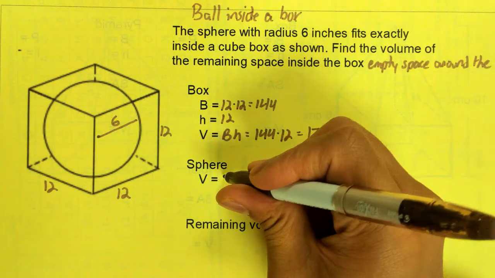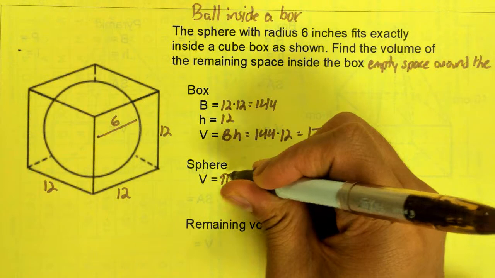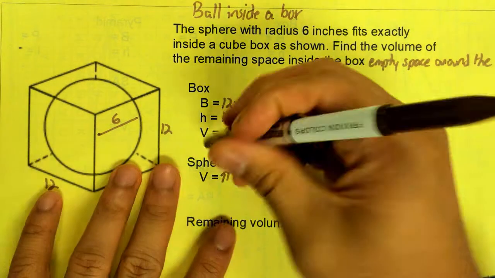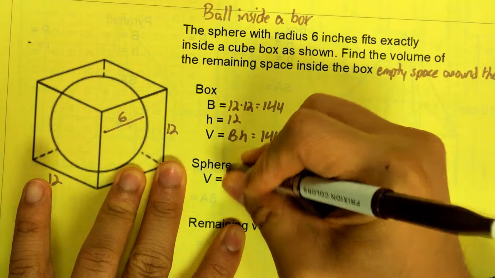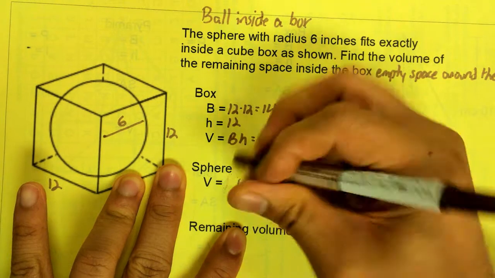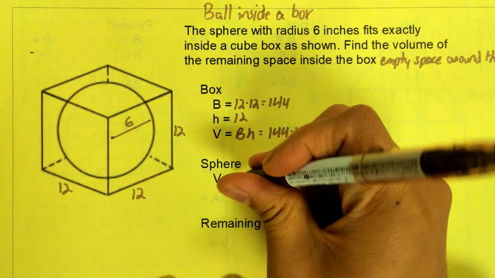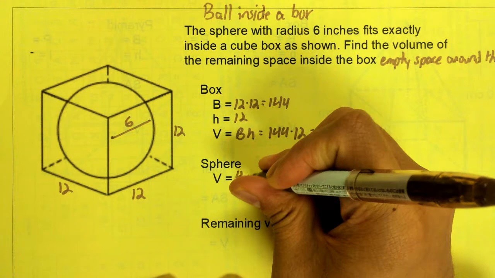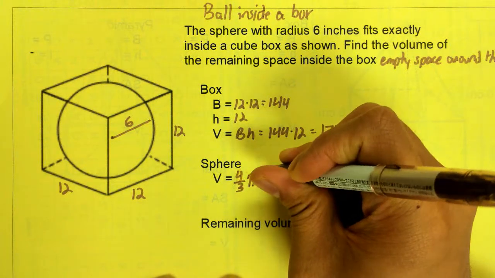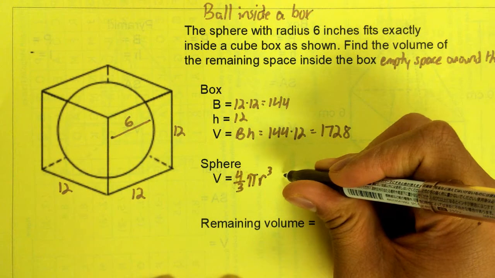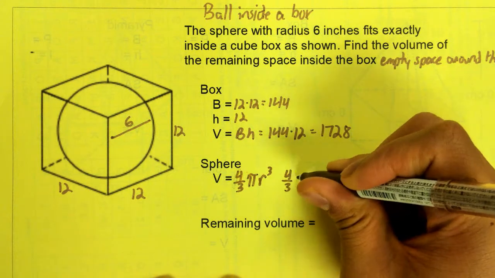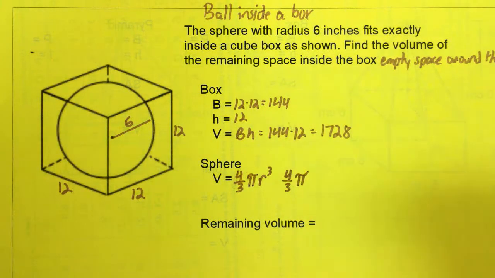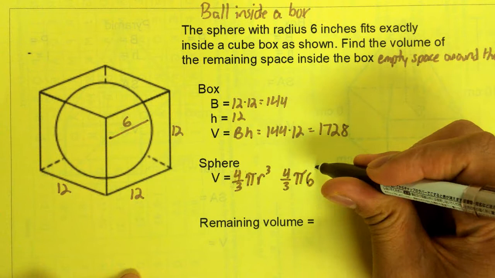Next, my sphere, given by the equation 4/3 pi r cubed. So we have 4/3 pi 6 cubed.